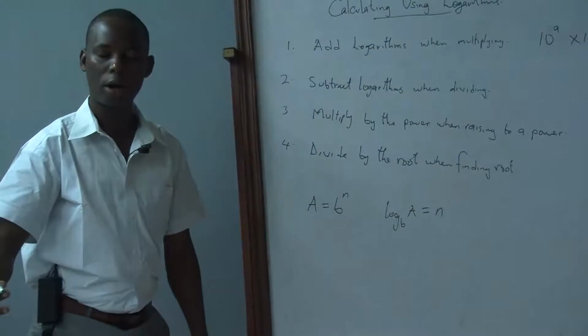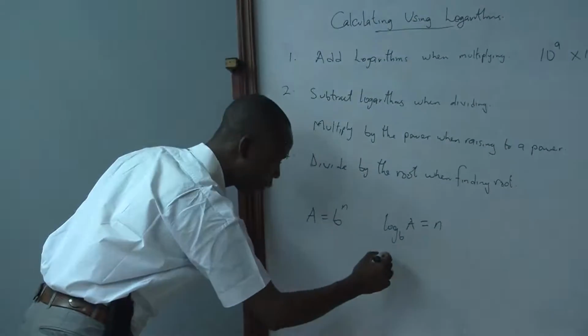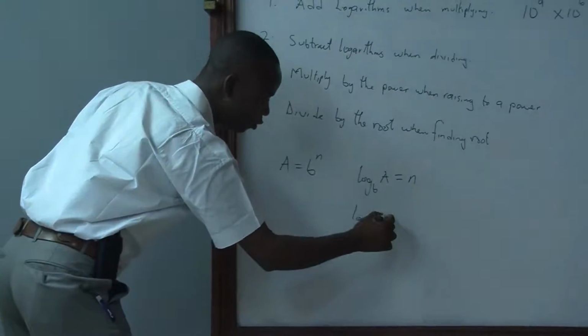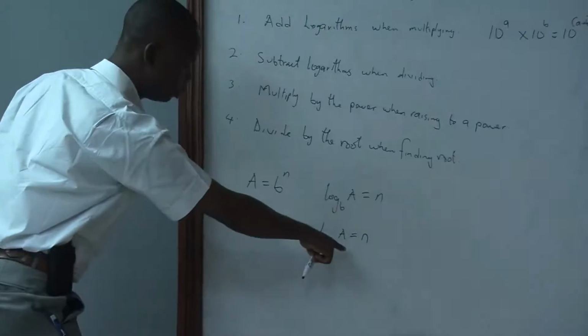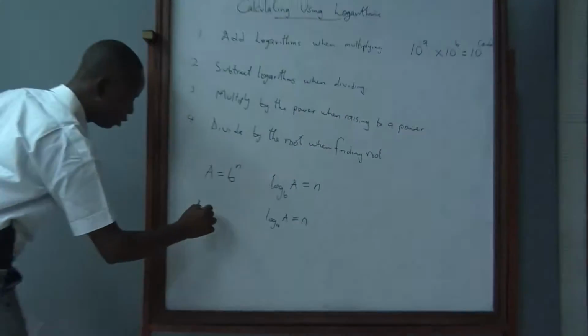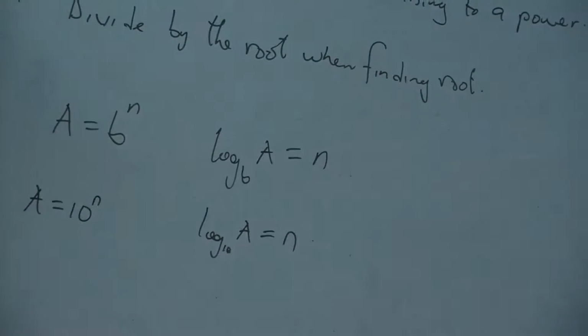What we're dealing with now is common logarithm, so we have log in base 10 of A equals n. If we rewrite this in index form, we have A equals 10 raised to the power of n.